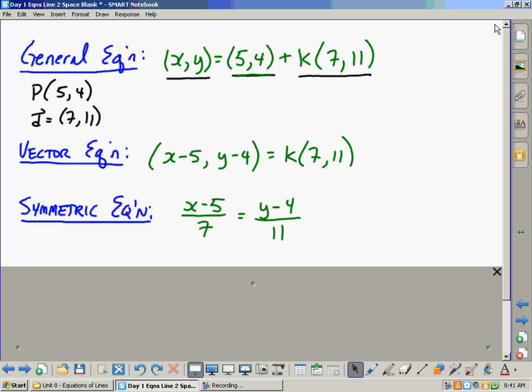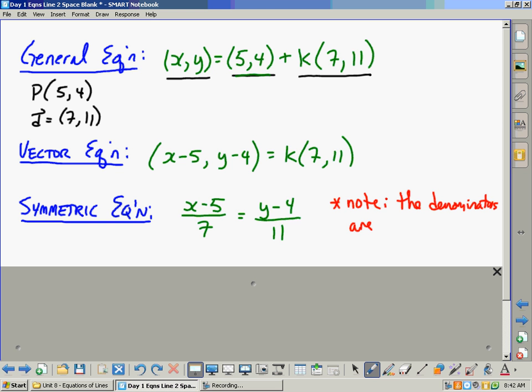This is probably one that I use quite a bit, the symmetric equation, and you'll see why in examples later on. One little note, the denominators in this case, the denominators are 7 and 11, and those are the numbers of the direction vector, right?